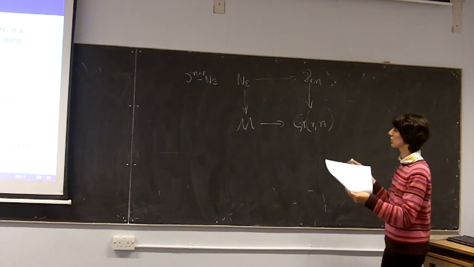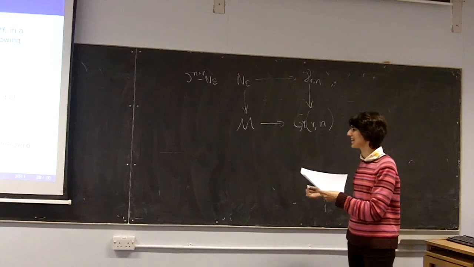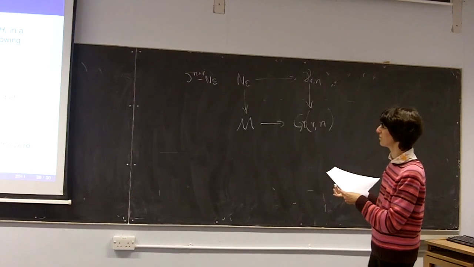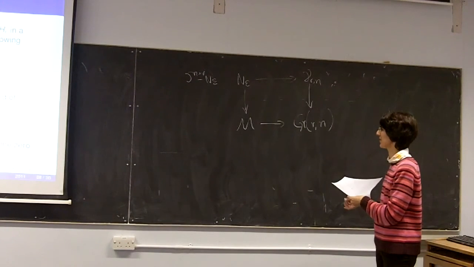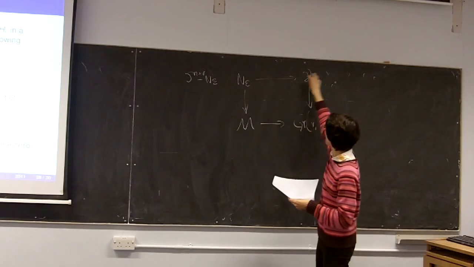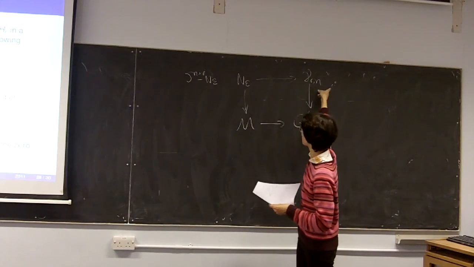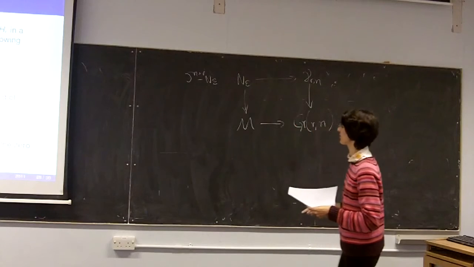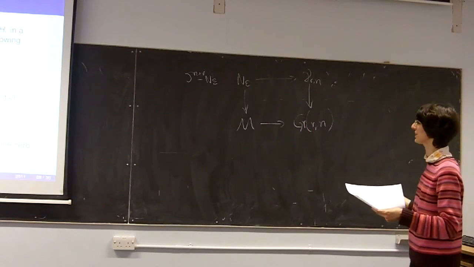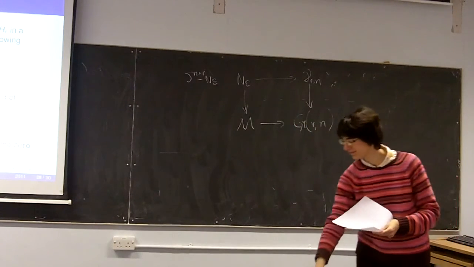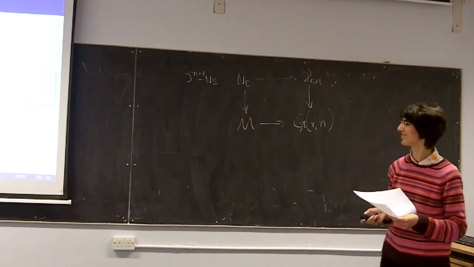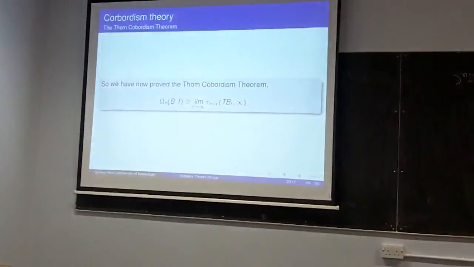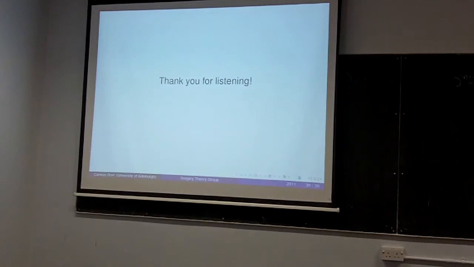So that's the key idea in the proof of the Thom cobordism theorem, that the added point at infinity is what you use to map the rest of the sphere, and then you have a completely well-defined map. So now we have proved the theorem, and we're finished. Thank you.